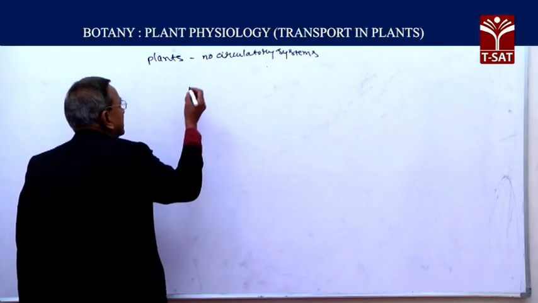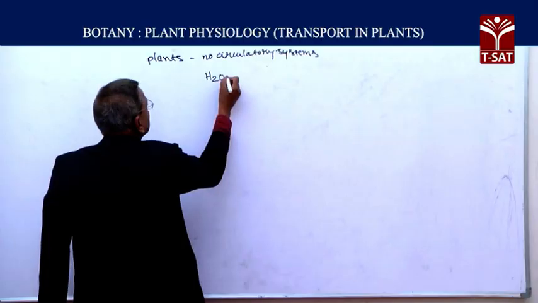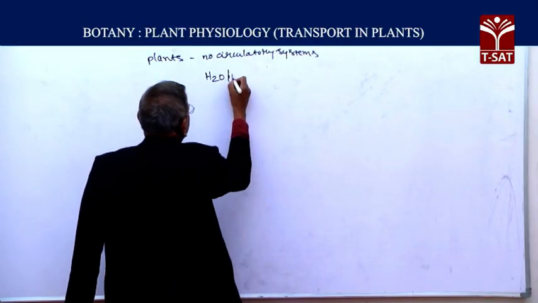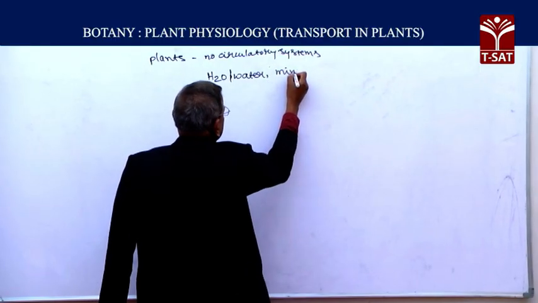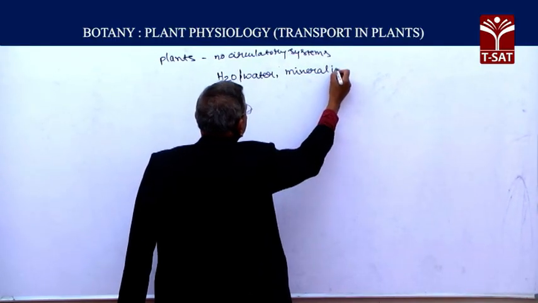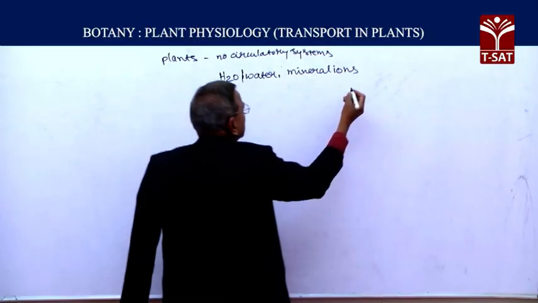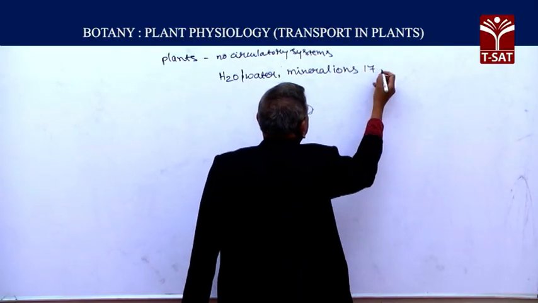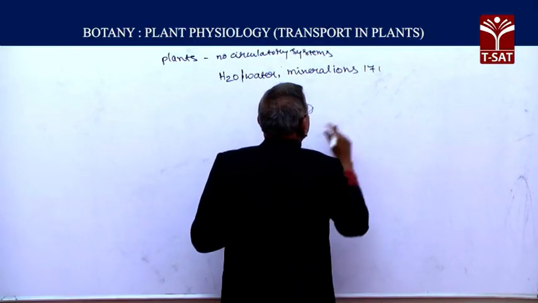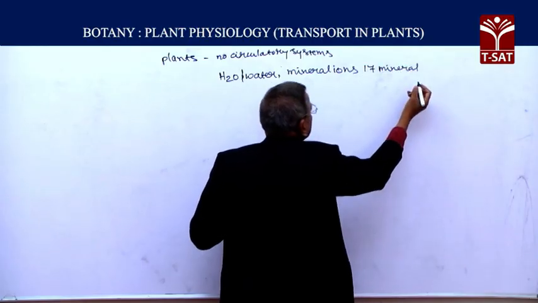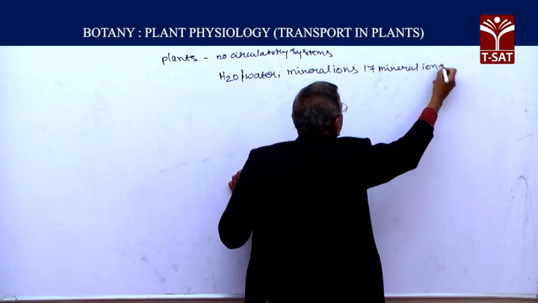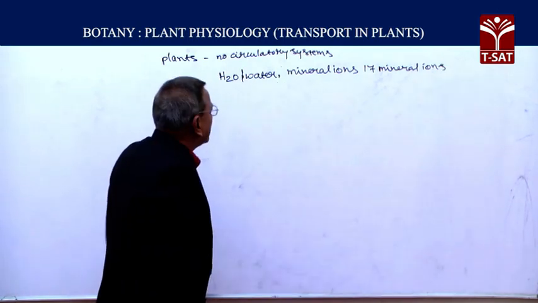And what are the materials normally transported? Water. Also, different kinds of mineral ions, about 17 mineral ions that are essential for plants' survival.